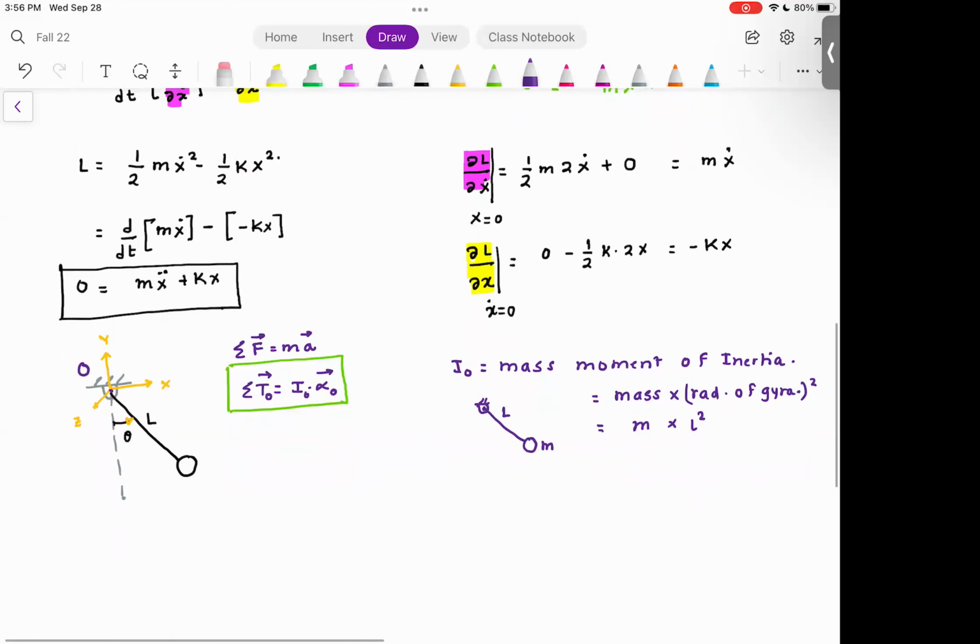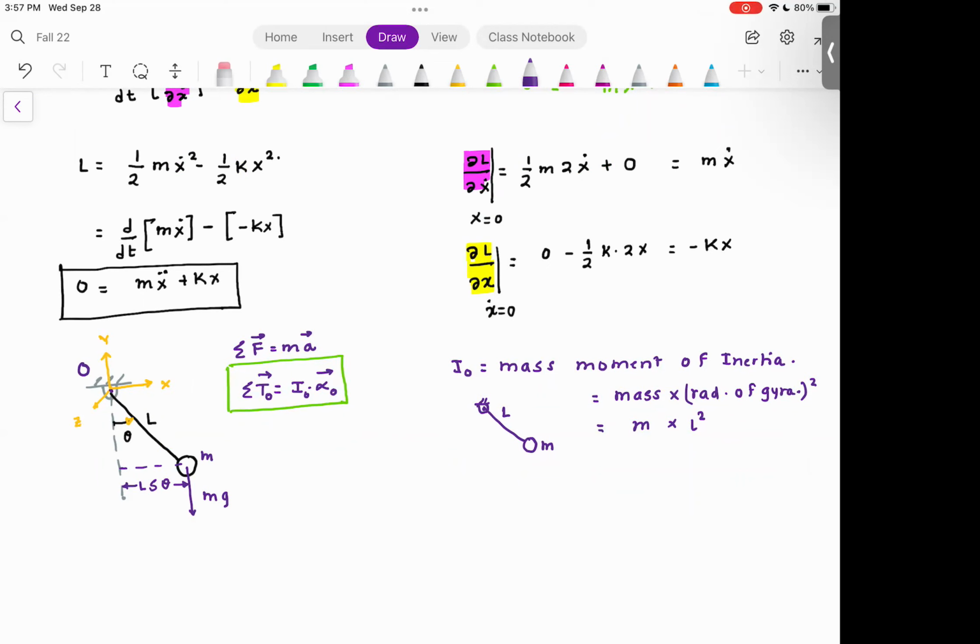What I'm going to do is use Newton's law first. As per Newton's law, you have gravity going down. This is M, so you have the force M times G. This distance is L sine theta. I want to write down the torques on this mass.